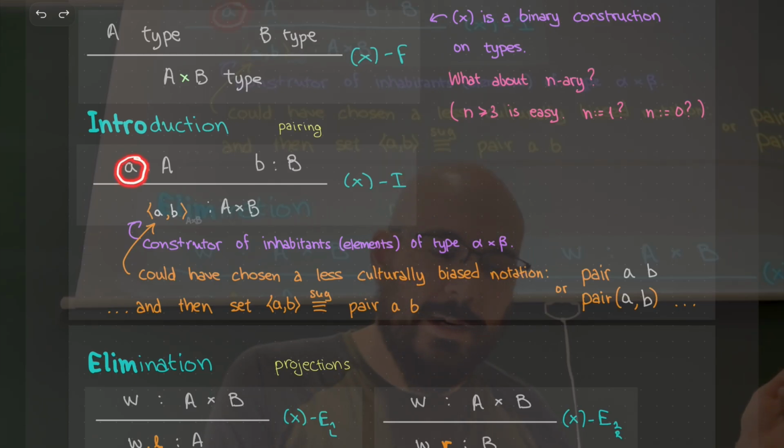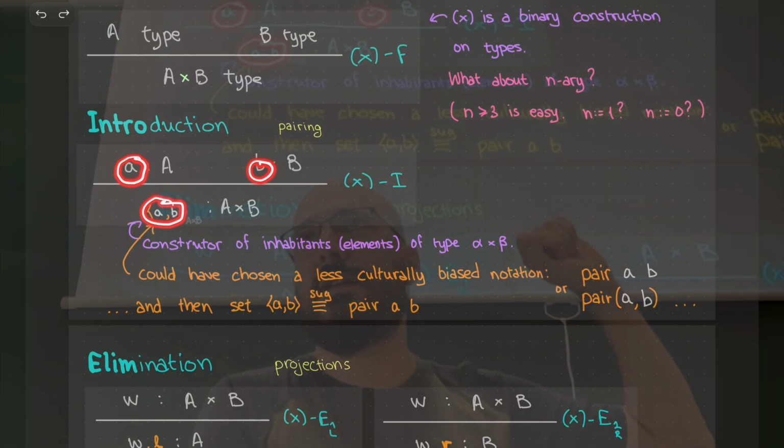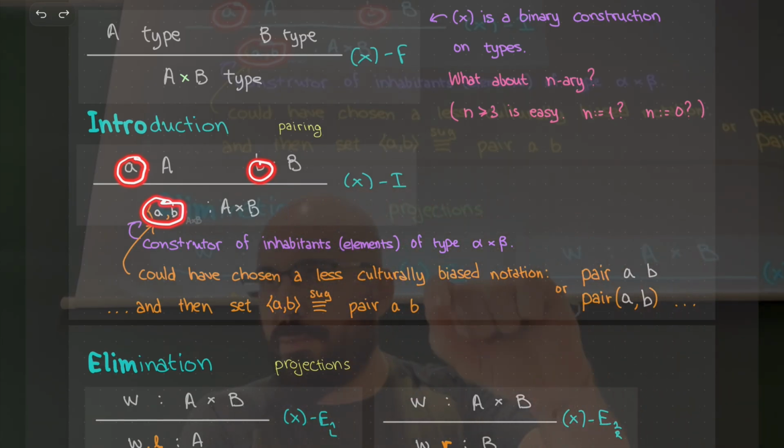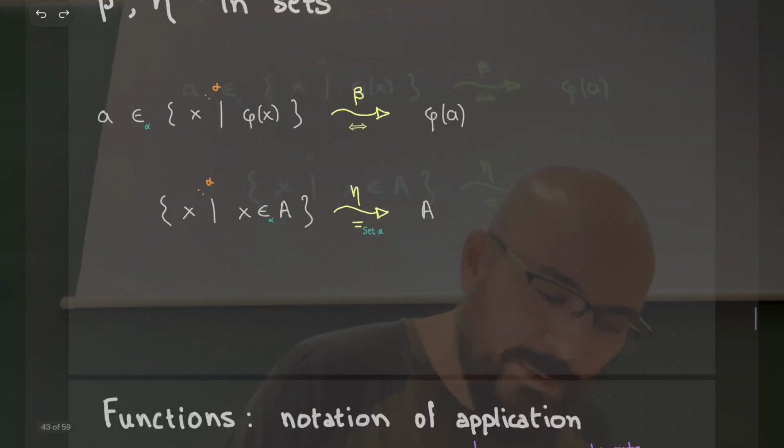I have a reason for why A could be true, a reason for why B could be true, and maybe I would like to take influence from the computational side and start naming my proofs as well. So I don't only want to say A is true, I want to say, look, small a is a proof of big A. And the same thing goes for elimination. I have two elimination rules here, it's exactly the same thing.